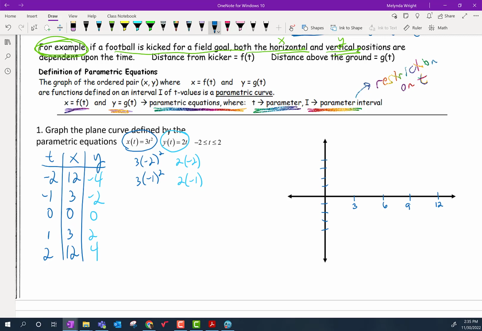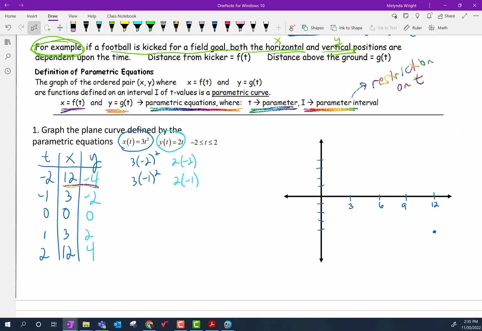All right, so our first point is, and let me underline it for you. This is the point that we're graphing, 12, -4. So we go over 12 and down 4. And most instructions are going to say to label your beginning point.